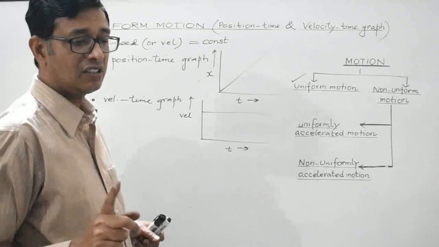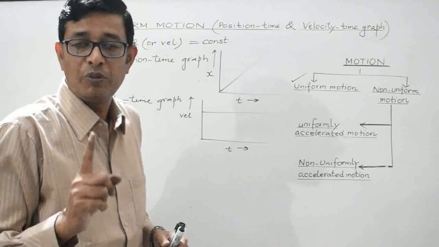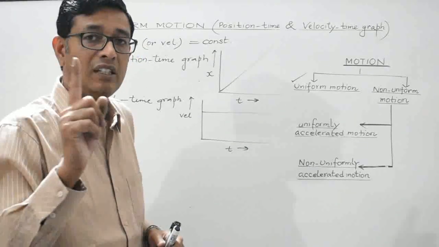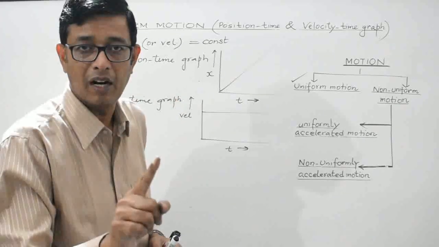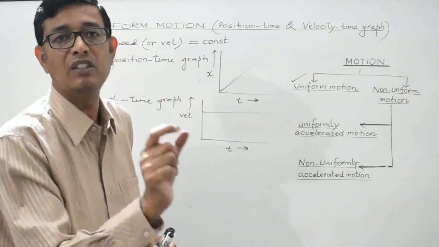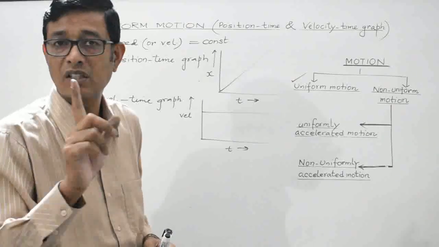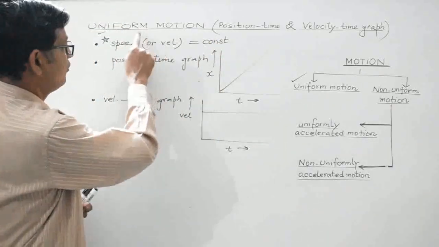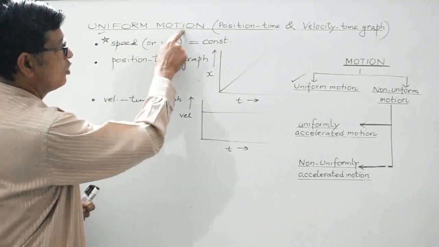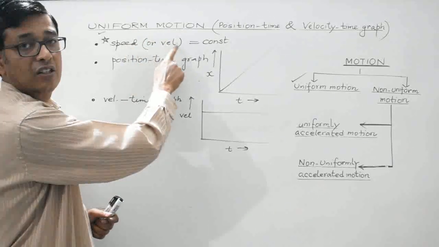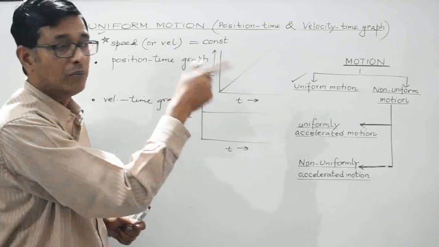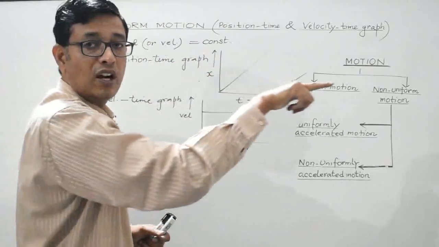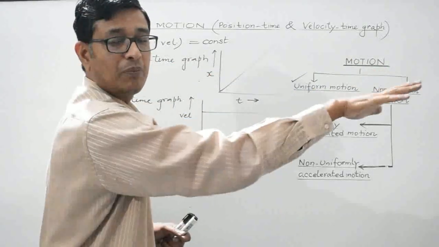So what we have discussed is, a body is said to be in uniform motion if it covers equal distances or displacements in equal intervals of time, however small intervals may be. And what are the characteristics? First and foremost, for a body to have uniform motion, its speed should be constant. Here I have written speed or velocity. Why? Because the body is having one-dimensional motion, moving along a straight path.